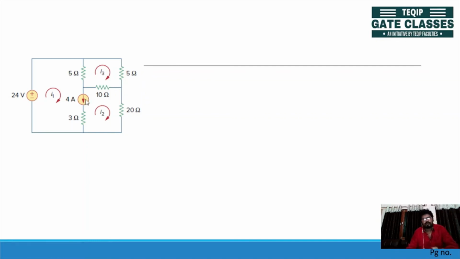So we have to follow the steps: assign a mesh current in each mesh and apply KVL in the meshes which don't have any common branch containing the current source. Like in mesh 3, there is no problem. So first apply KVL in mesh 3.